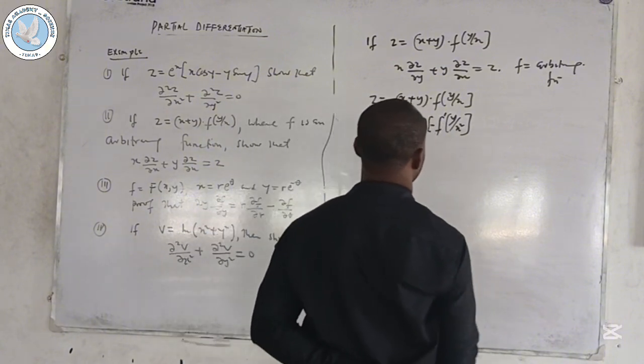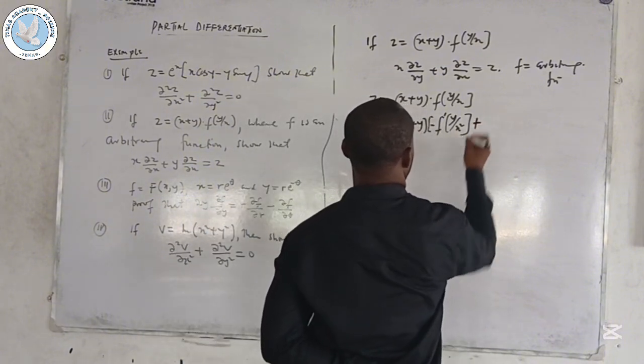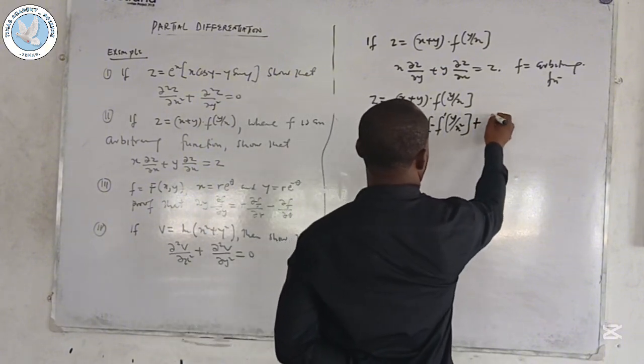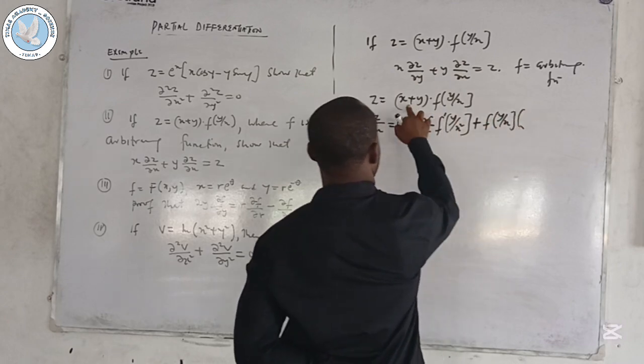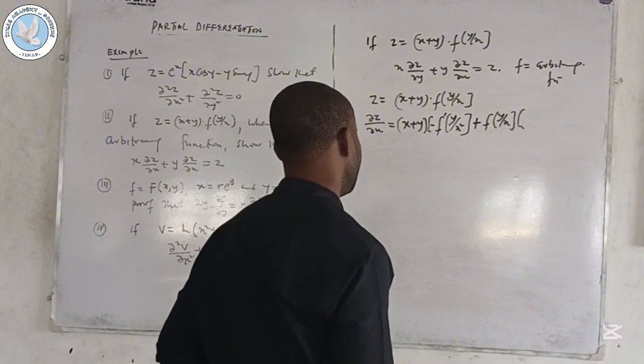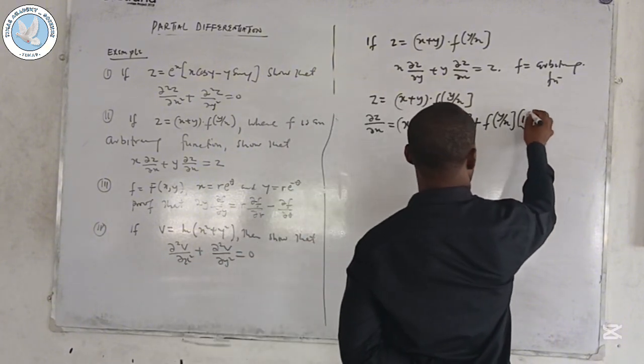So we add it with, retaining just this, and we factor and differentiate it with respect to x. We have 1.